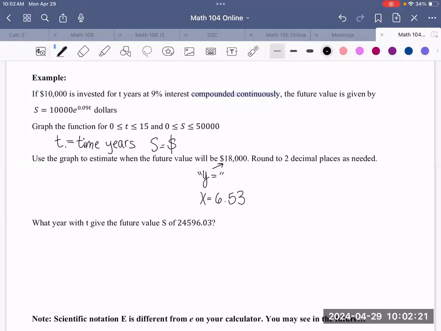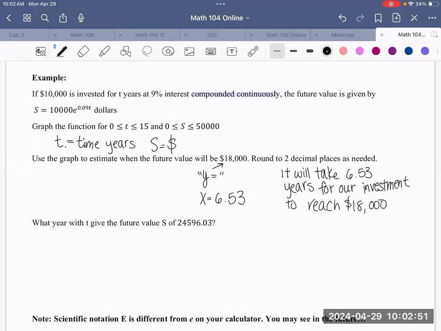So if we were to put this in a sentence, we can say it will take 6.53 years for our investment to reach $18,000.